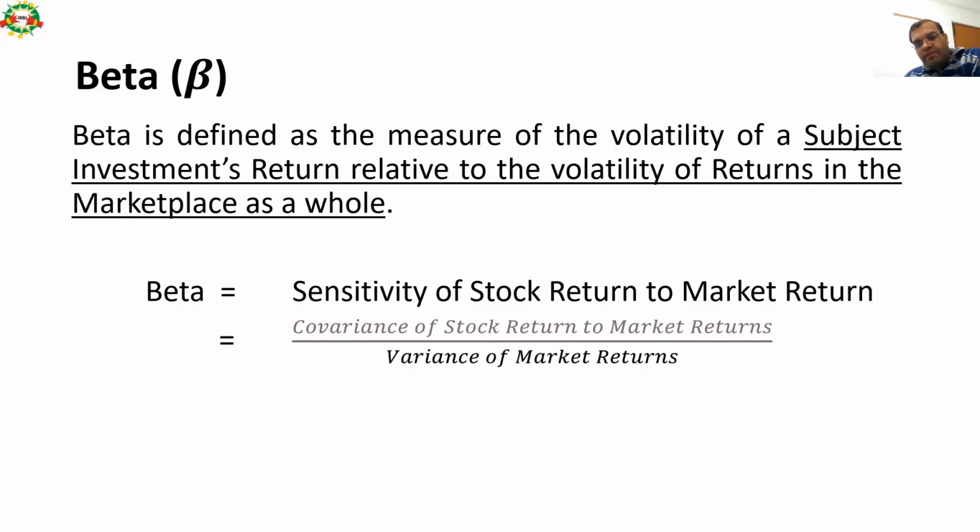So for the asset in which I have invested, what is its relative volatility as compared to the overall market? For example, if I have invested in a share, say HUL, what is its volatility relative to the whole BSE market? So if say Sensex is moving by 10% and say the HUL share is moving by 5%, right?